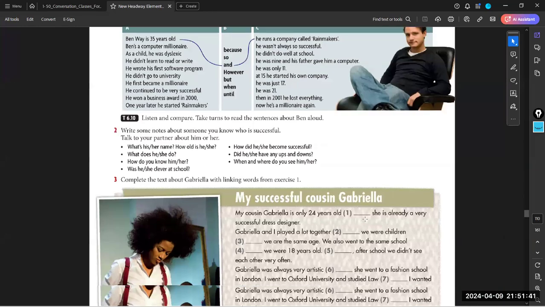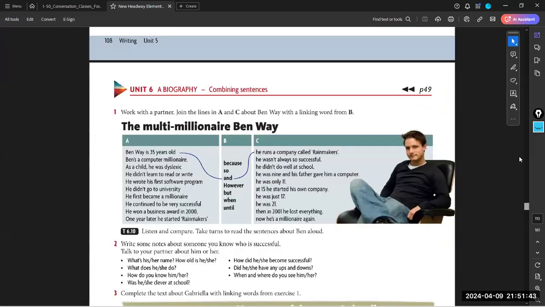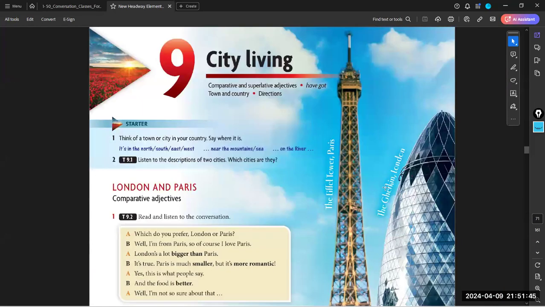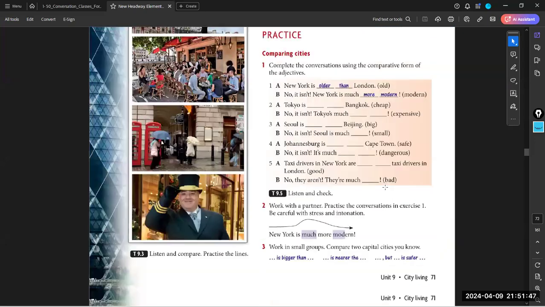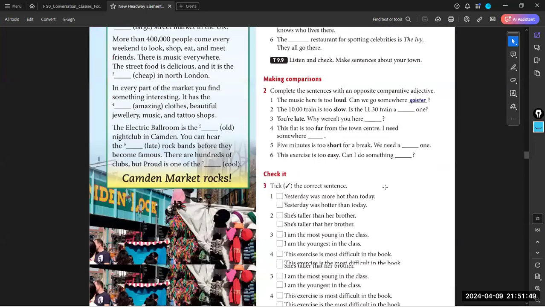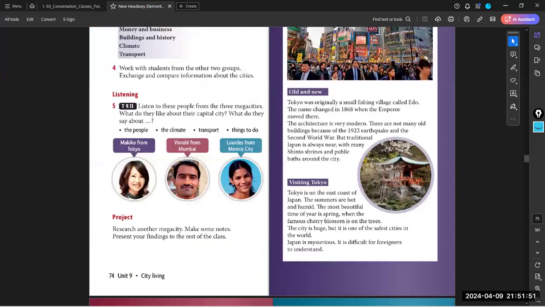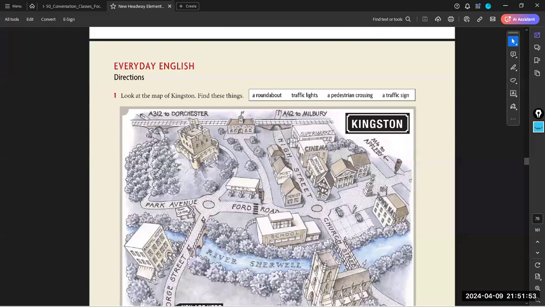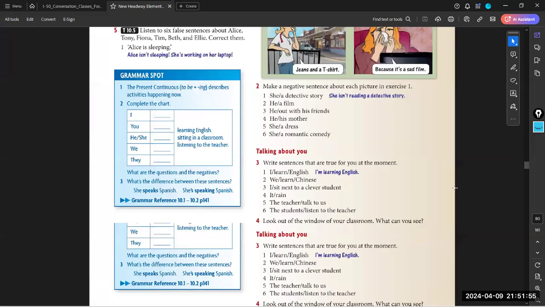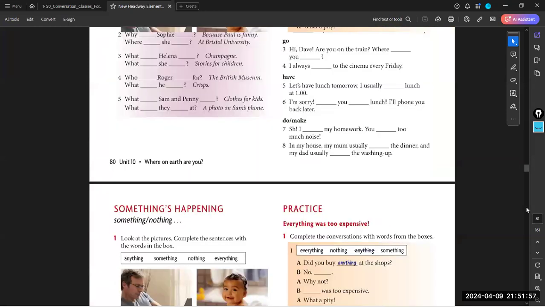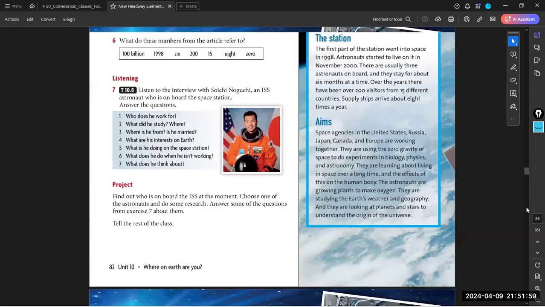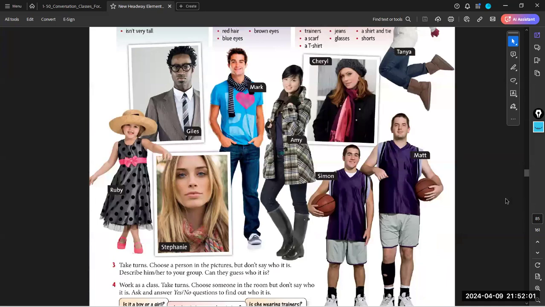Let me try to scroll down because I remember that I've seen this practice in level 2. So please give me 1 minute just to scroll down because I need you to notice something in talking about phrasal verbs. I hope that I can find it.